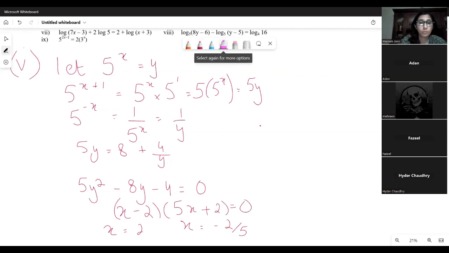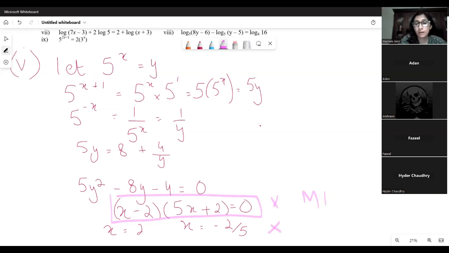This step carries 1 mark, and if you don't do this step you don't get the next mark either, because this is the M1 method mark and this is the A1 accuracy mark, and you can never get this mark if you don't get the first mark. So try not to rely on a calculator while factorizing. But if you are doing it this way, you have to show this. Otherwise you lose 2 marks, not just 1 mark. Okay.